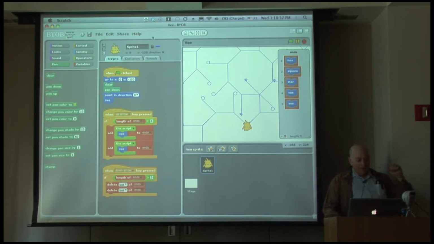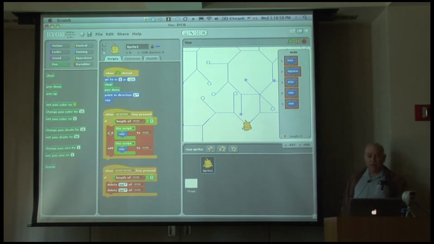Okay. How did I add V? If you look right here, it says when up arrow key pressed, and then this is way ahead of where I would want to be with the kid at this point, but I look at the length of the list, and if it's less than 4, meaning there's just hex, square, and star in it, then I add V twice.